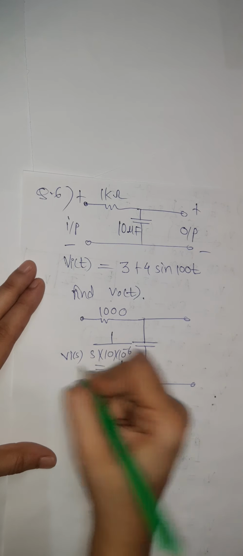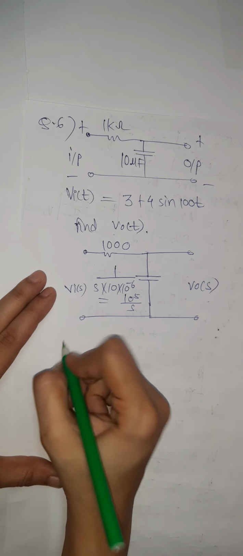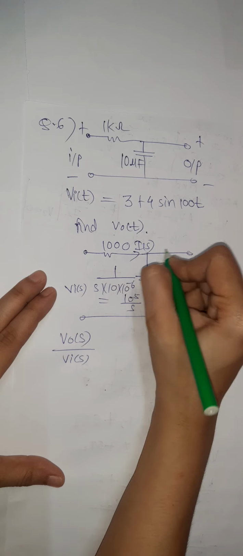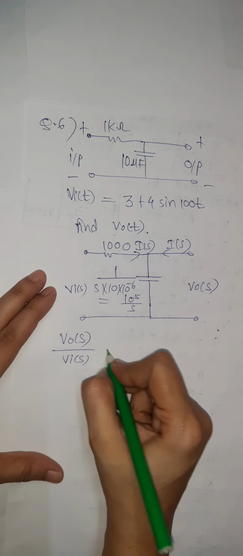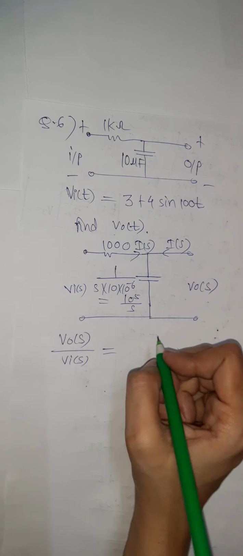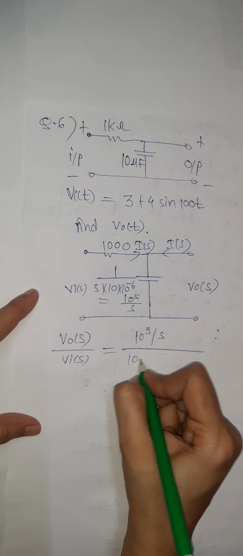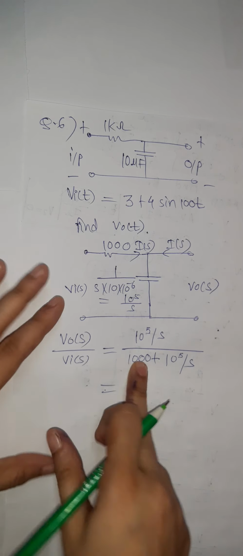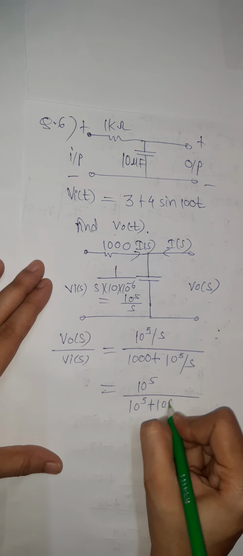This is Vi of s, this is V0 of s. Now if we write the transfer function, V0 of s divided by Vi of s, the current I of s is flowing through both. So V0(s) divided by Vi(s) is equal to 10 raised to 5 divided by s, divided by 1000 plus 10 raised to 5 divided by s. So this becomes 10 raised to 5 divided by 10 raised to 5 plus 1000 s.